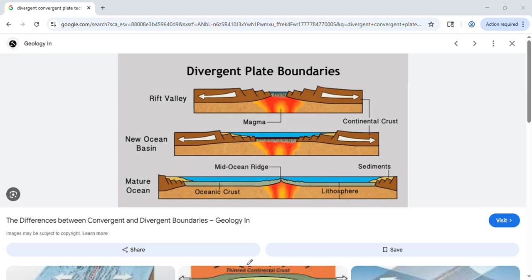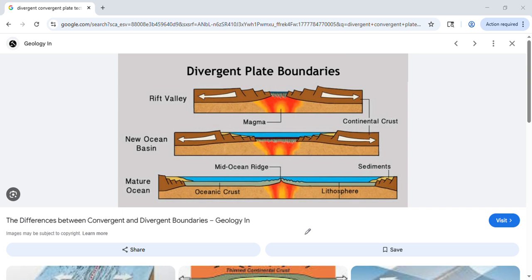The Pacific plate is the only major plate that is almost entirely oceanic in composition, making it denser and prone to subduction.